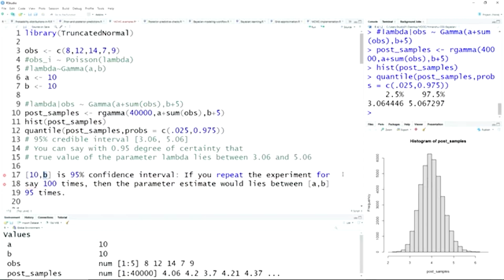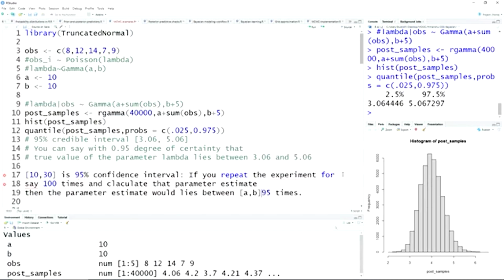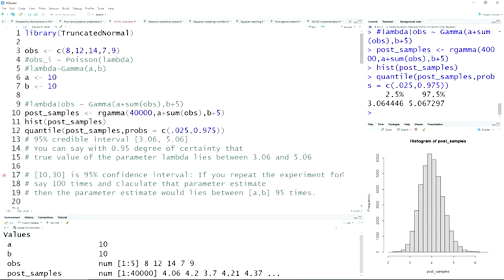That means if you repeat the experiment 100 times and calculate that parameter estimate, the parameter estimate would lie between A and B 95% of the time, so basically 95 times. That is the interpretation of a confidence interval. If you think about it, this is more like a statement about what would happen in the data if you repeat the experiment.